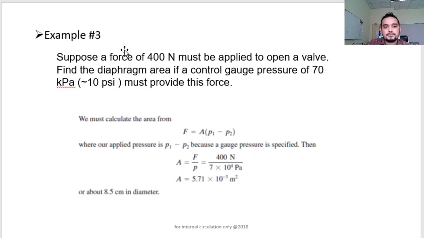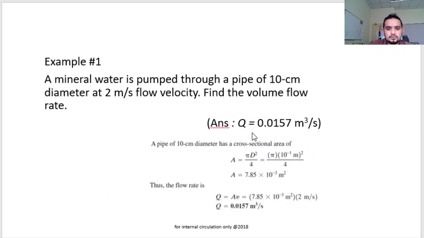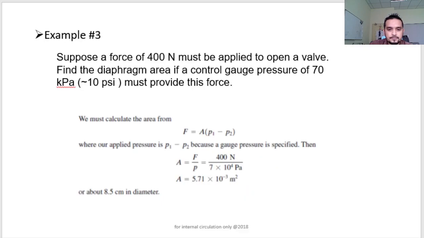This is the area. If the question wants to trap you, maybe they will ask further what the radius is. So you have to know the formula to convert it into radius, which is this one, the cross-sectional area for a circle. You can also specify it in terms of diameter, 8.5.